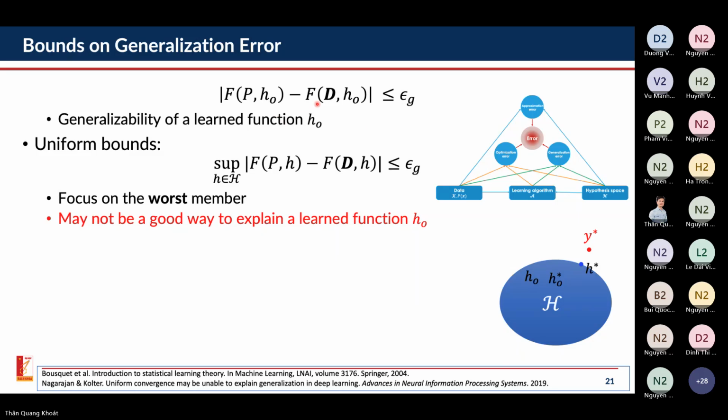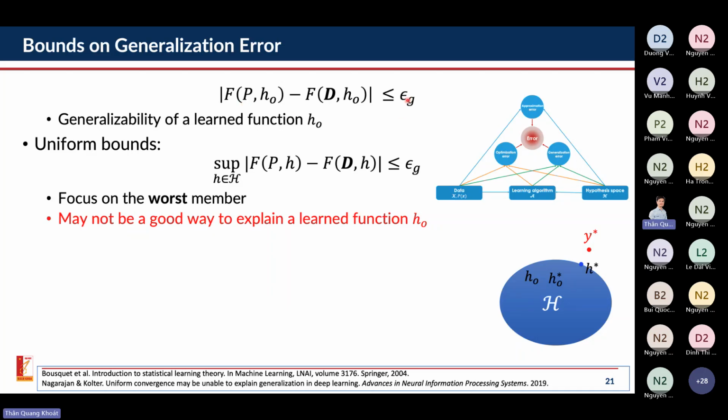Or sometimes we just focus directly on the test error, the population error. And this is the ultimate goal. We need to train a model so that the population error is small, right? In that case, this model can work very well with unseen data.